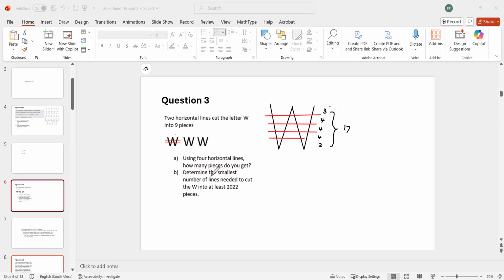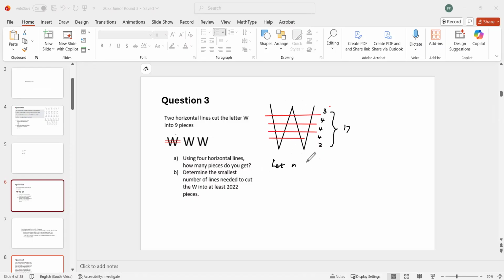Now they say determine the smallest number of lines needed to cut the W into 2022 pieces. Okay. So you'll notice that at the top you'll always have 3. At the bottom you'll always have 2. So let's suppose that the smallest number is, let's give it a name.